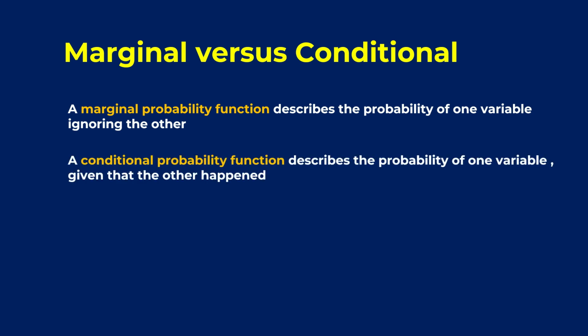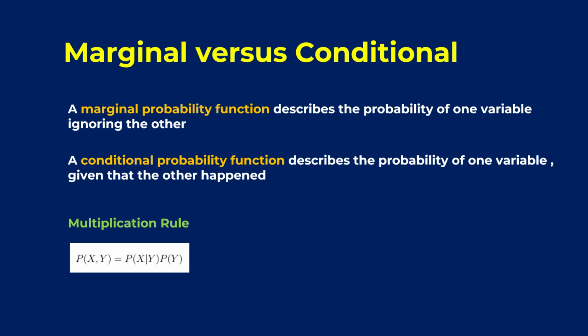Now, on the other hand, the conditional probability function describes the probability of one variable given that the other has happened. So that is different. Now we are concerned that one variable has already happened and how the probability of the other variable is going to be affected by that event. That is the conditional probability.